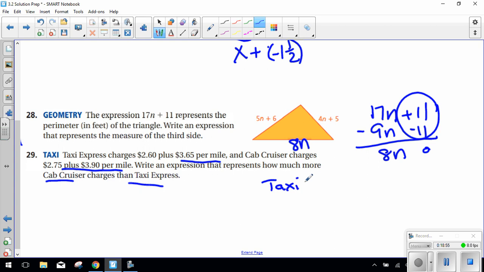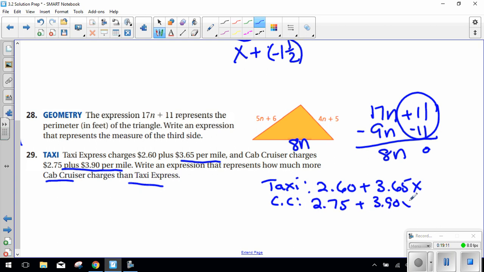Taxi Express charges $260 plus 365x. Cab Cruiser, I'm just going to abbreviate as CC, they charge 275 plus 390x. So we want to know how much more this company charges than that. So we're going to subtract these two.